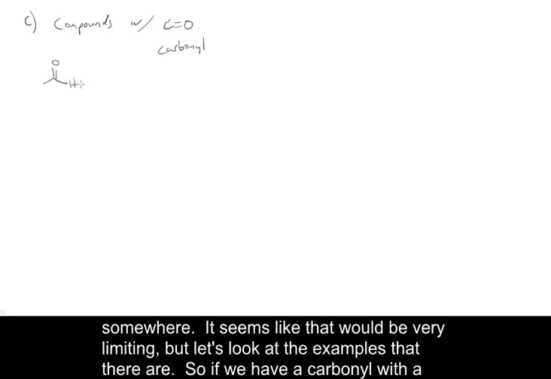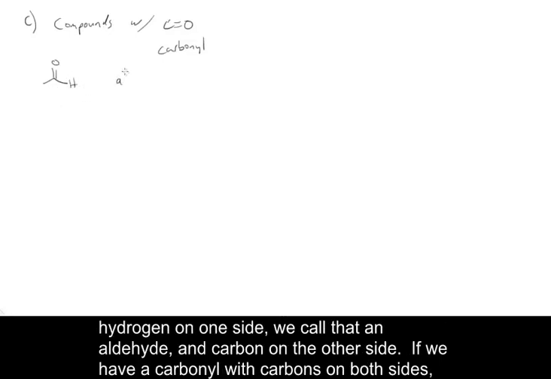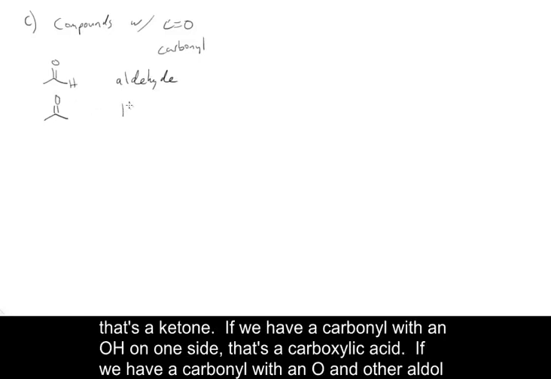So if we have a carbonyl with a hydrogen on one side, we'll call that an aldehyde, and carbon on the other side. If we have a carbonyl with carbons on both sides, that's a ketone. If we have a carbonyl with an OH on one side, that's a carboxylic acid.